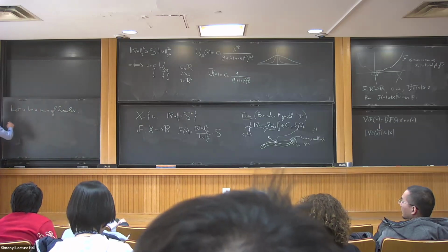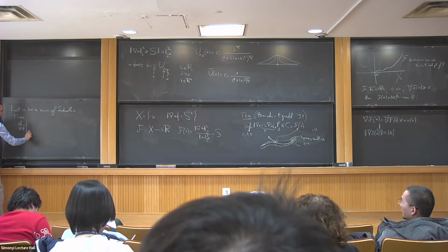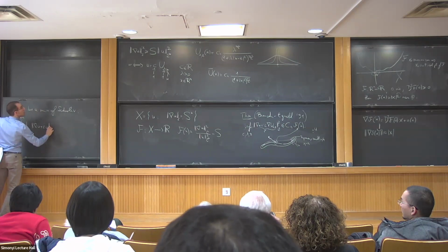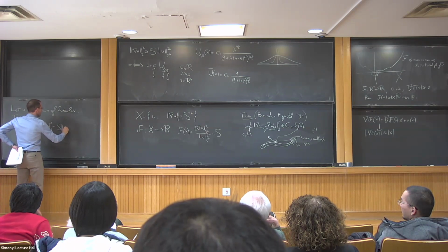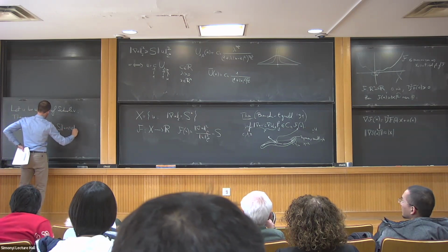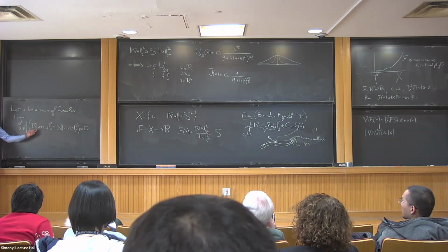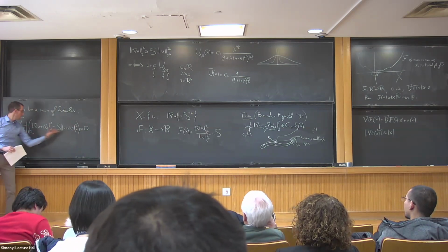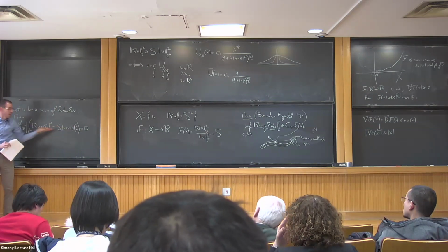Then by minimality, d over d epsilon at epsilon equals 0 of the squared norm of grad u plus epsilon phi, minus S times the squared L^{2*} norm of u plus epsilon phi, should be 0, right? If u is a minimizer, then this energy is always non-negative and is 0 at epsilon equals 0. So I get 0 derivative.